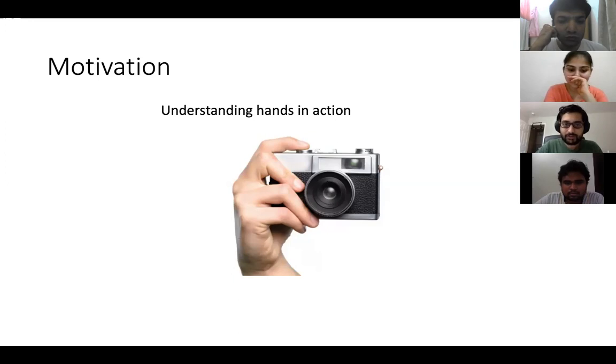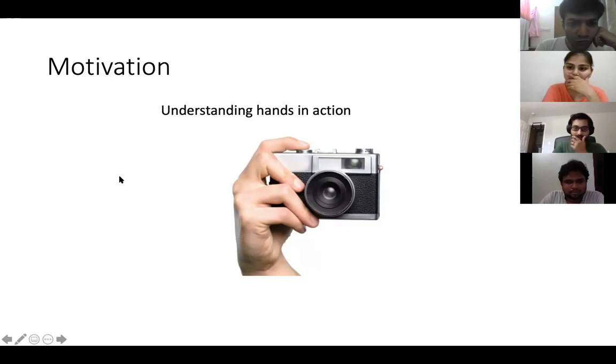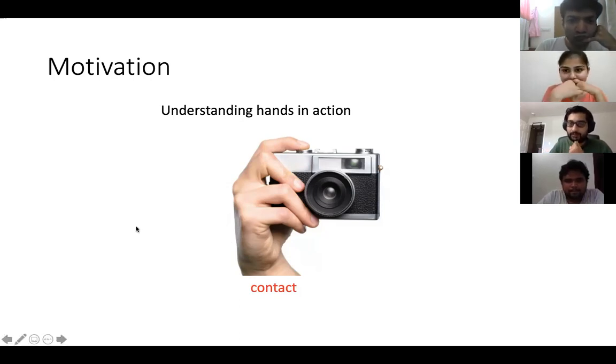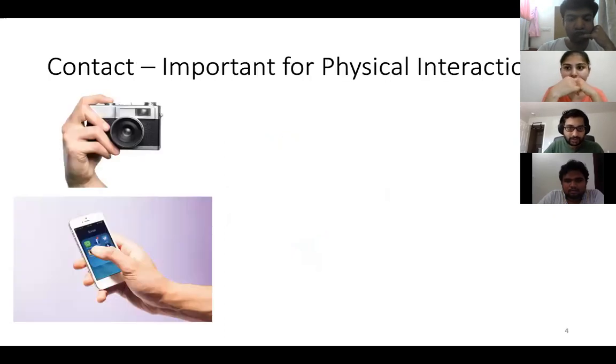And so understanding hands in action has been a long-term goal for computer vision scientists. But one part that has been missing, I believe, is contact. So here, contact between finger and the button over there is what tells you that they want to take a picture. And that's what I've explored in my thesis.